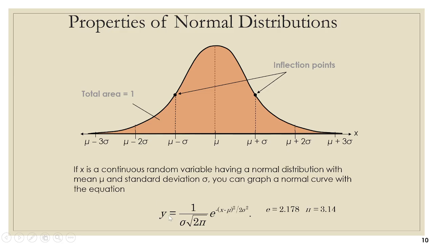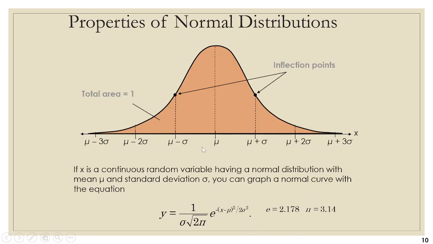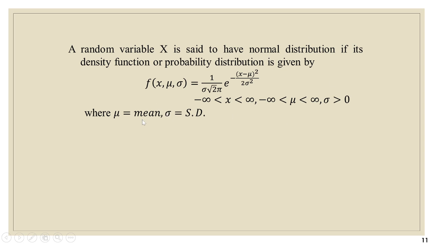The probability density function is y equals 1 by sigma root 2 pi, e power minus (x minus mu) whole square by 2 sigma square. Here e is approximately 2.718 and pi is 3.14. This is the probability density function.